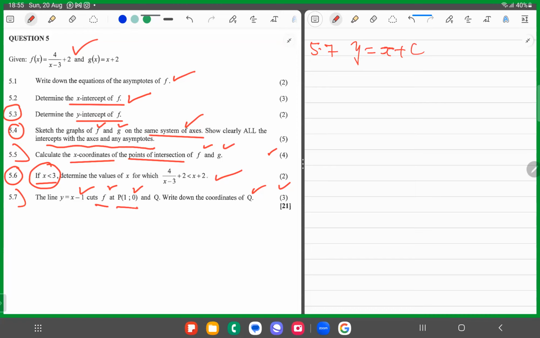At this point, what do we do? I want you to realize that we have the graph that we drew. We have the asymptotes.